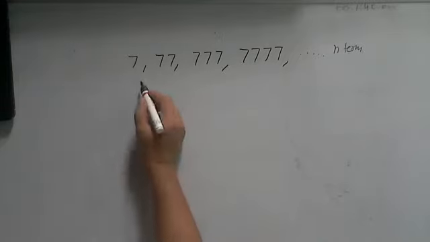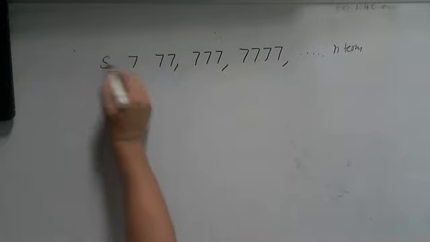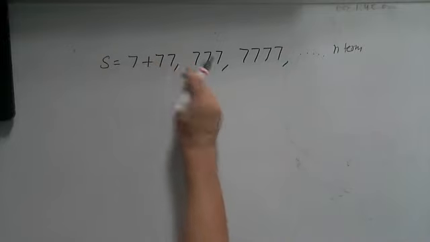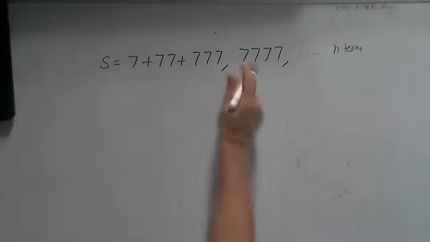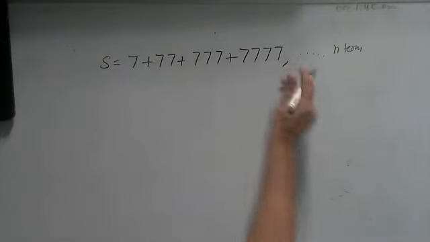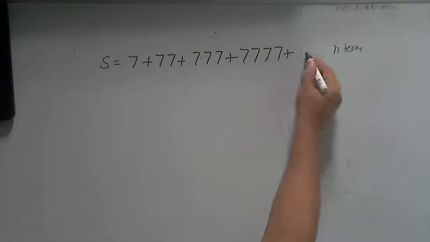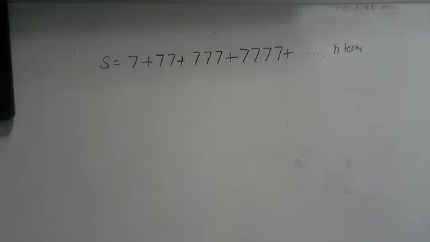Suppose the sum is 7 plus 77 plus 777 plus 7777 and so on up to n terms. Wherever we get these types of questions, either 7 repetition or 3 repetition or 5 repetition or any number repetition, always convert them in terms of 9.